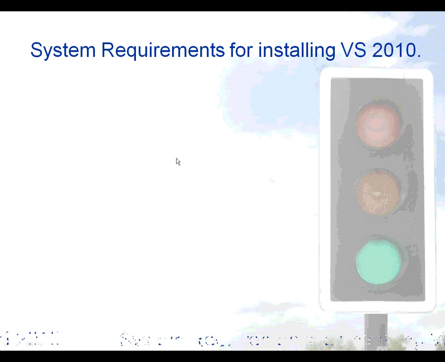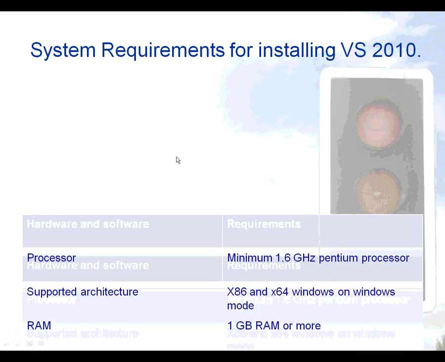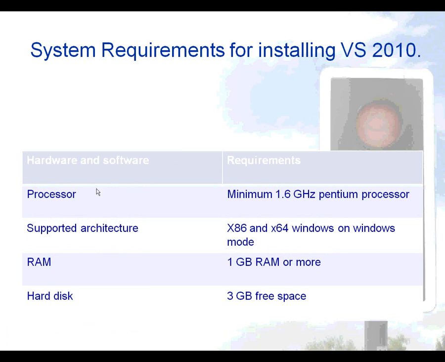What are the system requirements for installing Visual Studio 2008? We need a processor of minimum 1.6 GHz. .NET supports x86 architecture and x64 Windows. RAM.